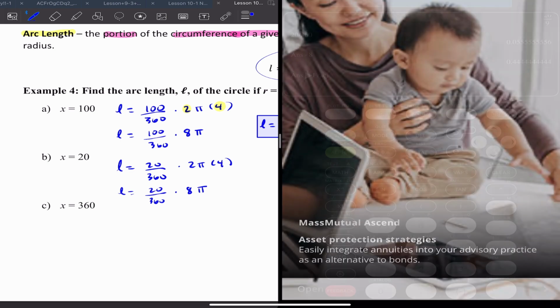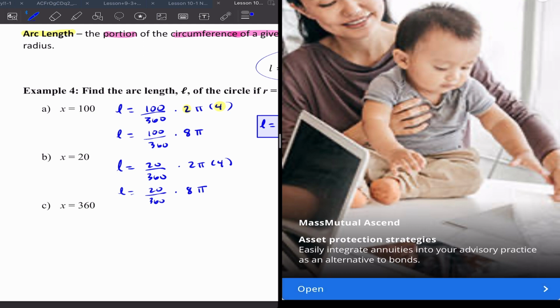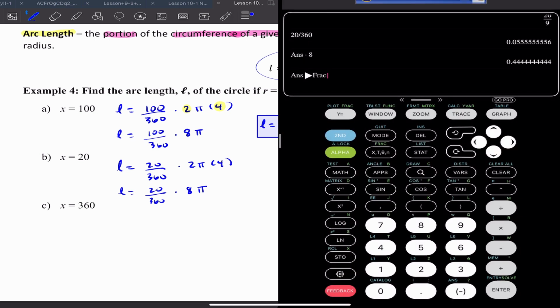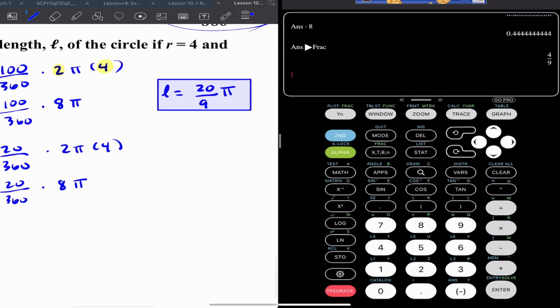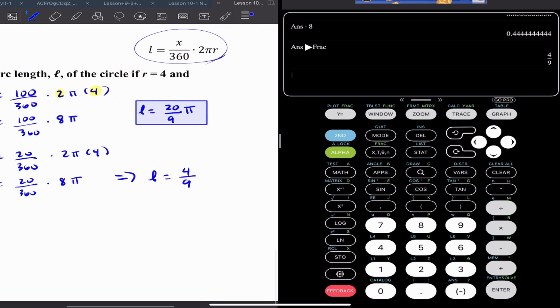Press math, enter, enter. Oops, there's an add. All right, so let me do that again. So I'm going to press math, enter, enter, and it should be 4 over 9 pi. So your length is 4 over 9. You slap on the pi, and that's your answer.